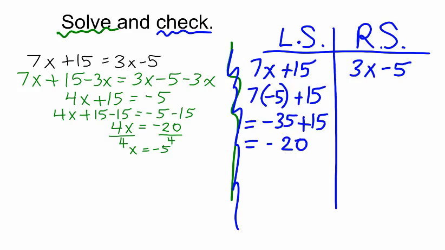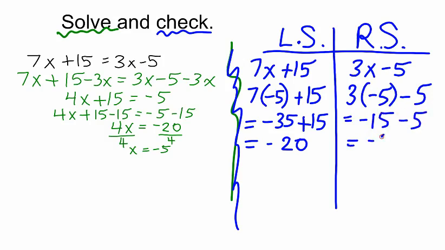Okay, what does this mean? Well, it doesn't mean anything yet. I still have to check the right side. On the right side, I'm also going to replace x with negative 5. And I'm going to evaluate, so I get negative 15 minus 5 equals negative 20.